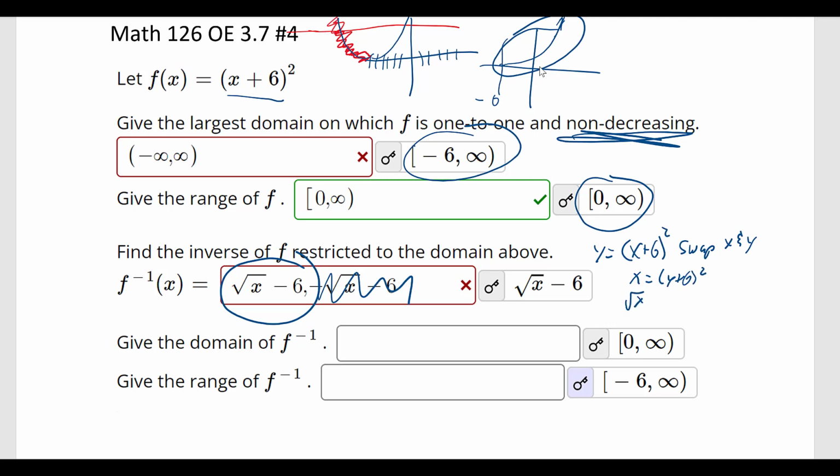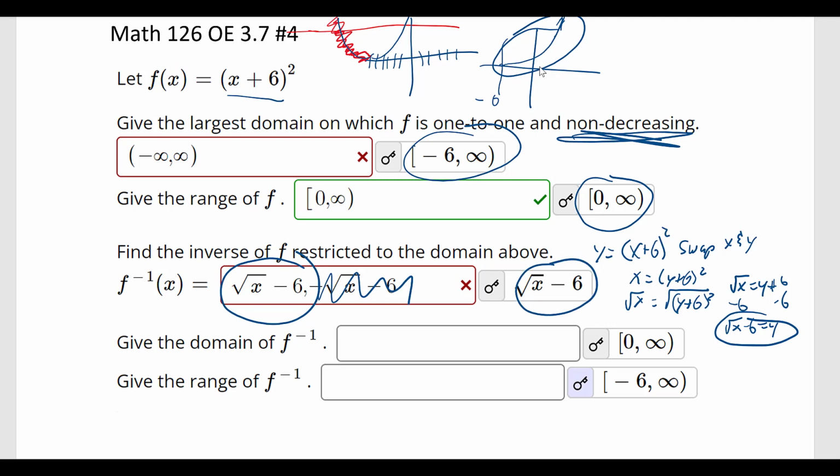Then I take the square root of both sides. So that square root of x equals y plus 6. And then I subtract the 6. So the square root of x minus 6 equals y. And that's square root of x minus 6.